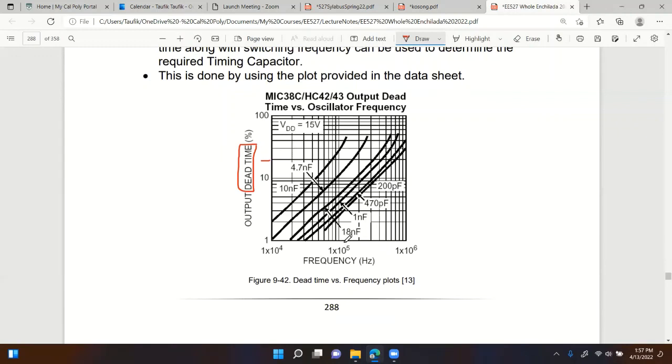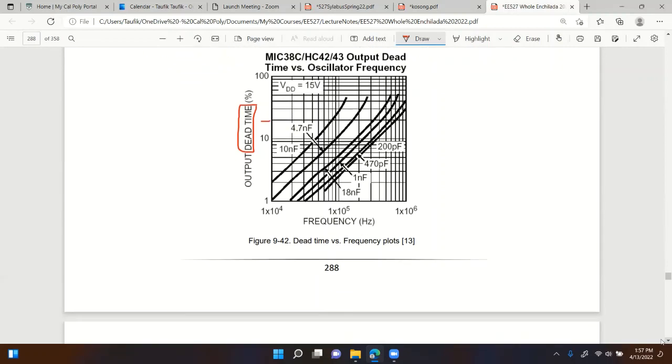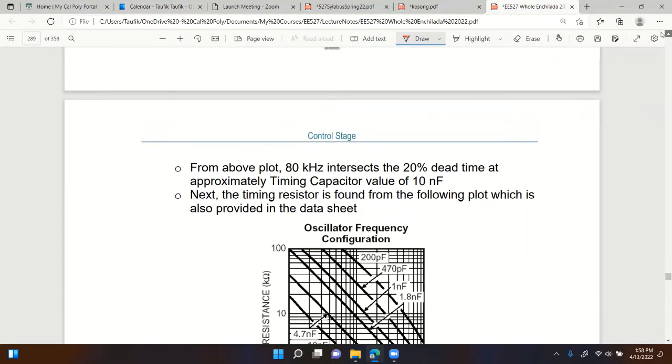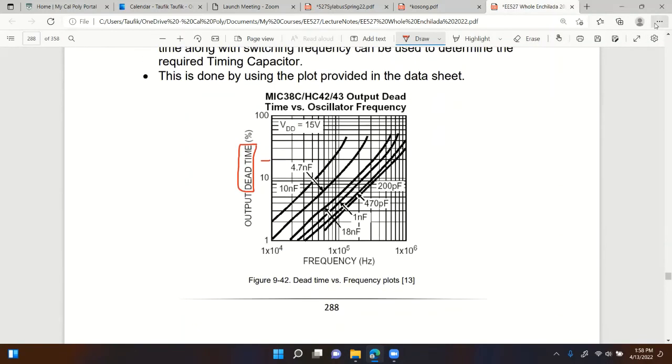So that's going to be 1, 2, 3, 4, 5, 6, 7, 8, something like that. Do I have the plot? From the above plot, 80 kilohertz intersects 20% at 10 nanofarad. Is that the case? So 20% is right there. 80 kilohertz is 2, 3, 4, 5, 6, 7, 8.